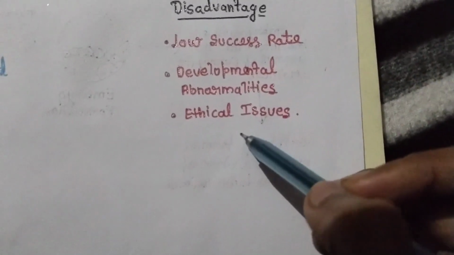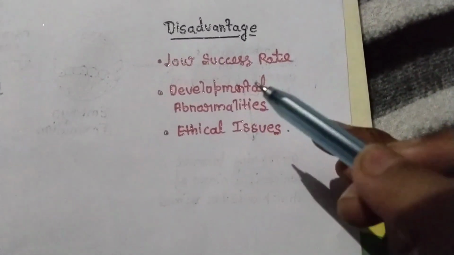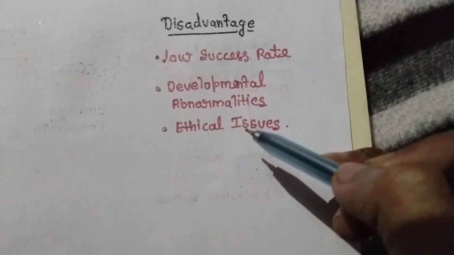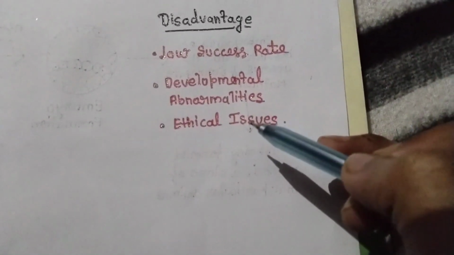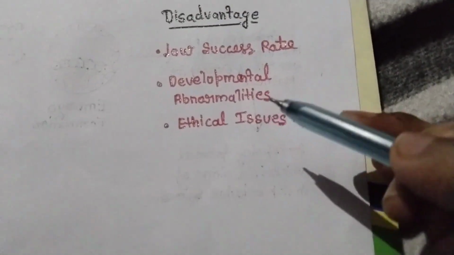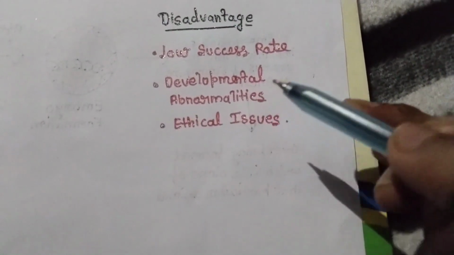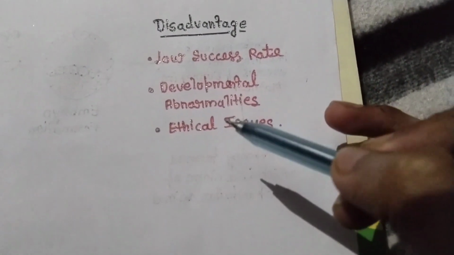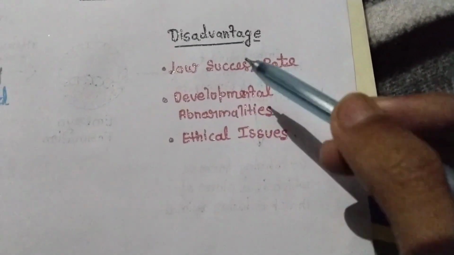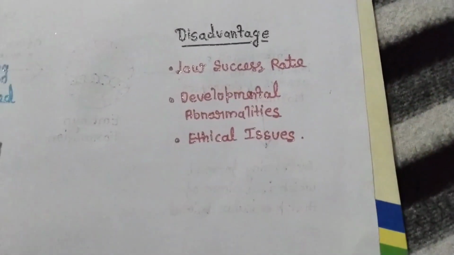Ethical issues basically involve manipulation of the embryos or destruction of the embryos, or the abnormalities that are formed during the procedure of somatic cell nuclear transfer being passed on to the offspring, which is not a good thing. So it also contributes to the disadvantages of somatic cell nuclear transfer, right?